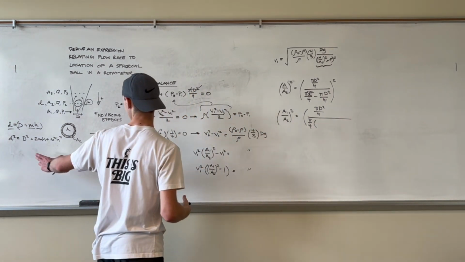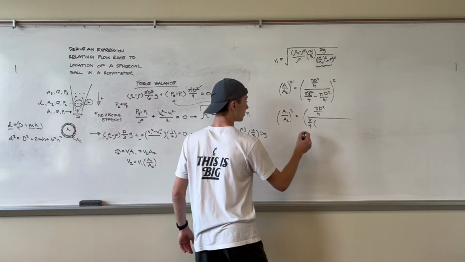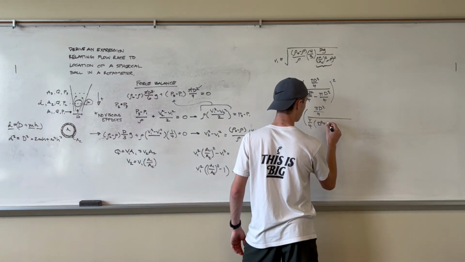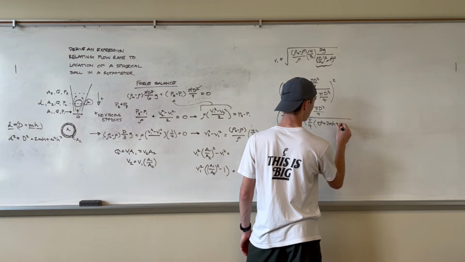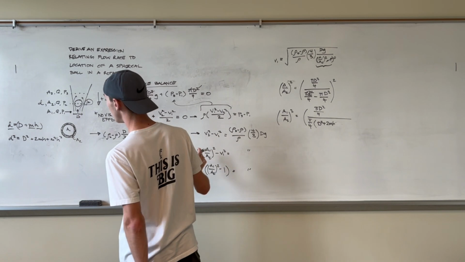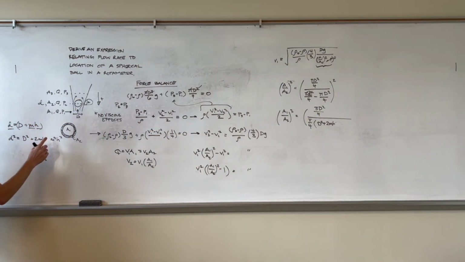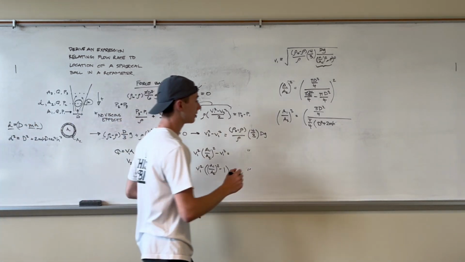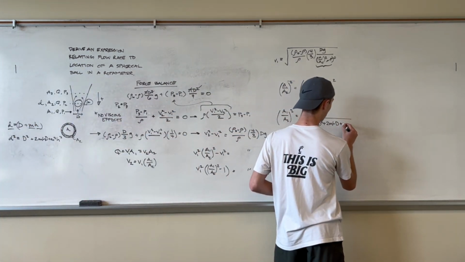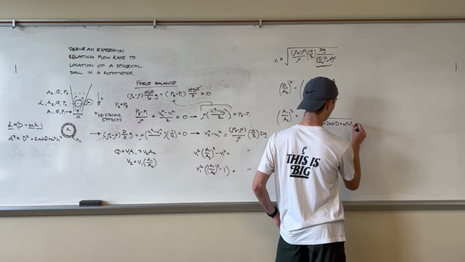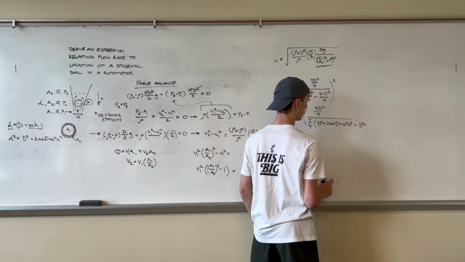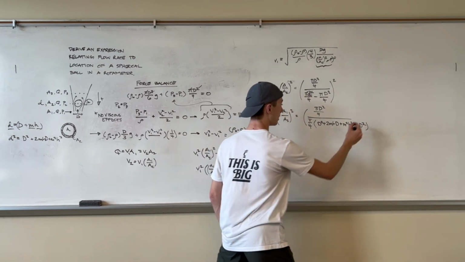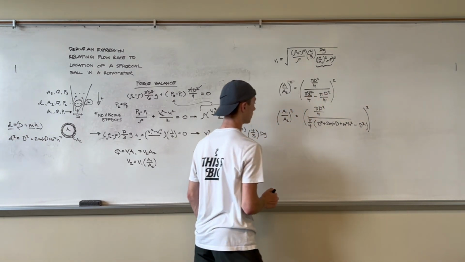So we said d squared is this expression here: D squared plus 2mhD plus m squared h squared, and then minus D squared.